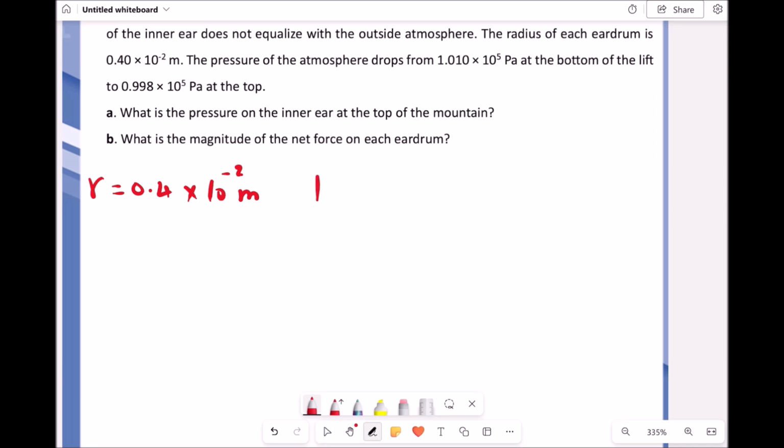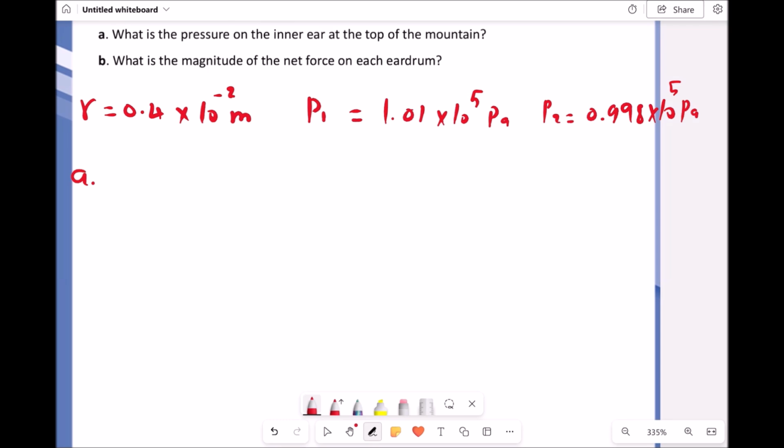So you have P1, pressure 1, which is equal to 1.01 times 10 to the power of 5 Pascal. And you have P2, which is equal to 0.998 times 10 to the power of 5 Pascal. A, it says, what is the pressure on the inner ear at the top of the mountain? So it needs pressure. You just have to find the net pressure.